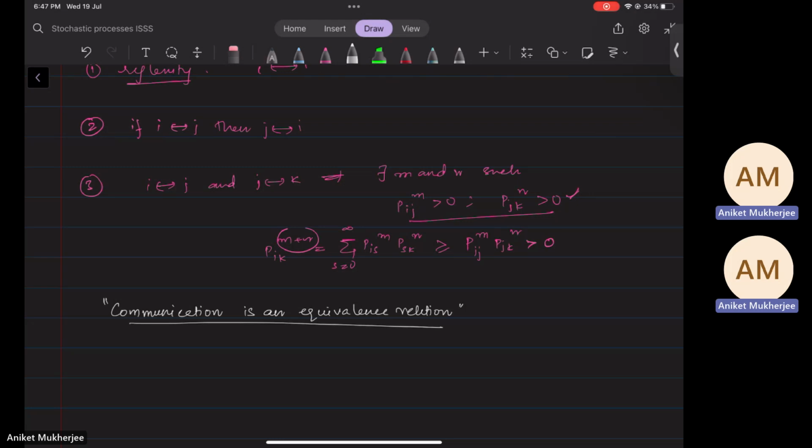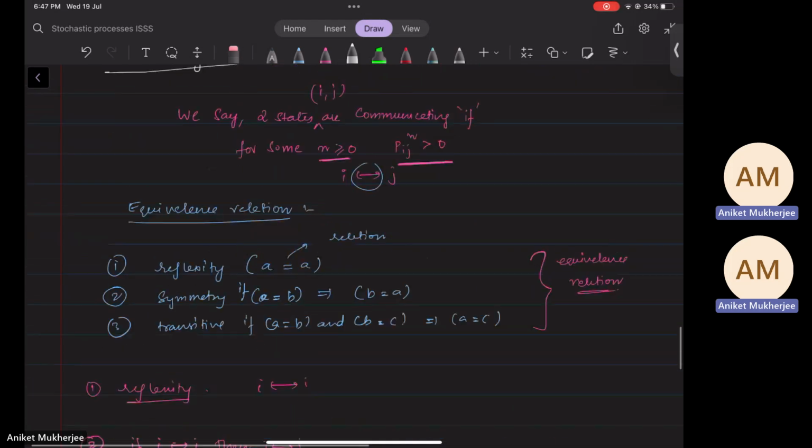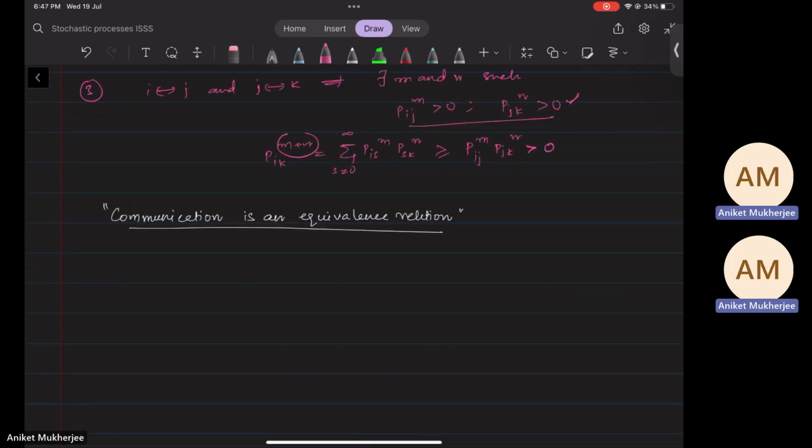If two states communicate with each other, we put them in the same class. These are called communication classes. Two different classes will either be disjoint, because if one state from one class communicates with one state in the other class, that means the other class is also completely in this class. So they'll be disjoint or they'll be exactly the same class.